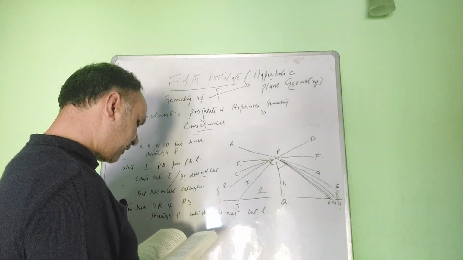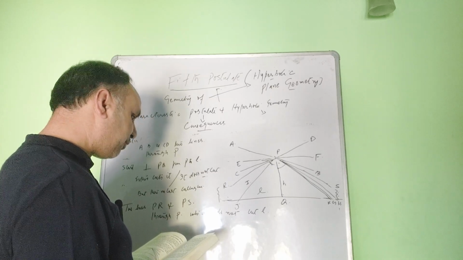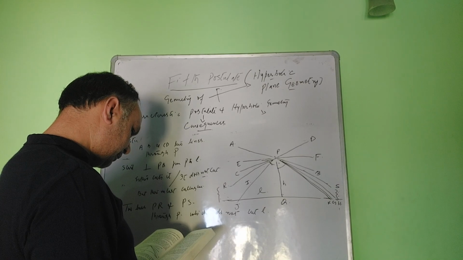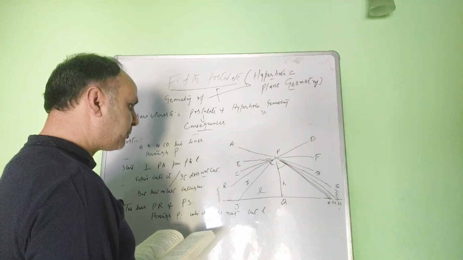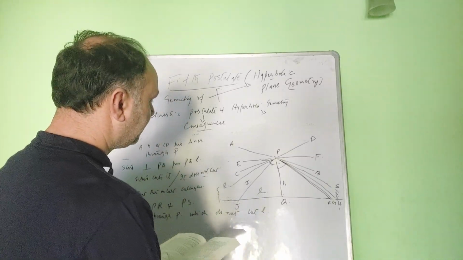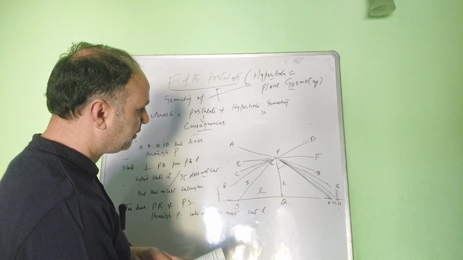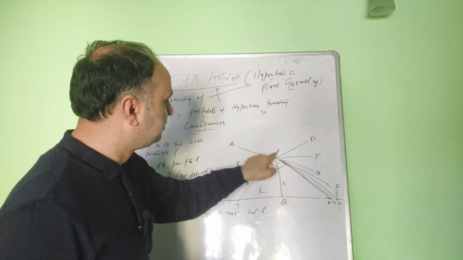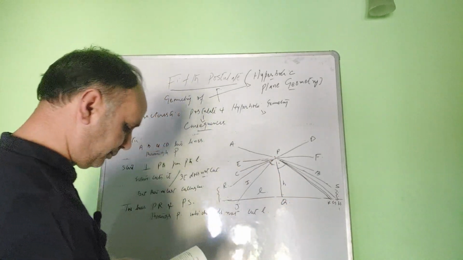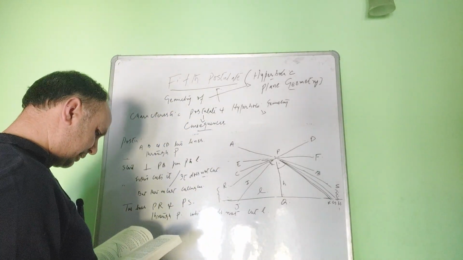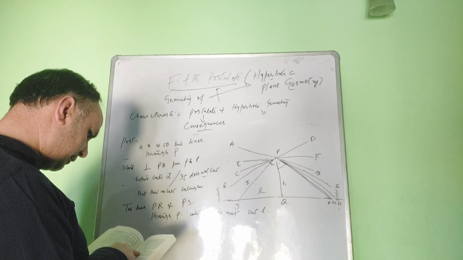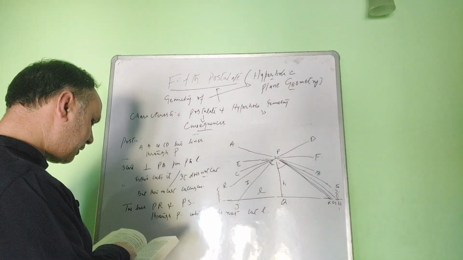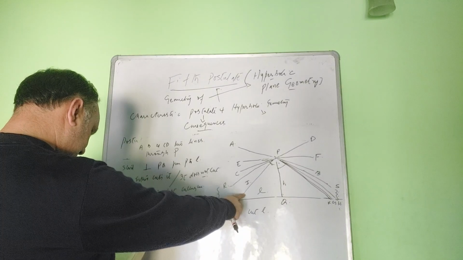If you assume that they are not equal, then measure the angle so that IPQ is equal to SPQ. Then PI will cut L at the point J.